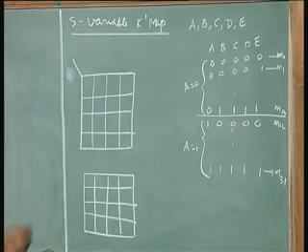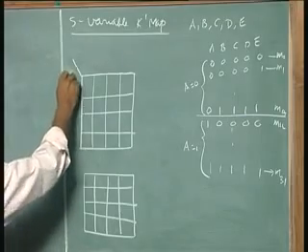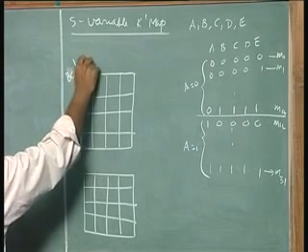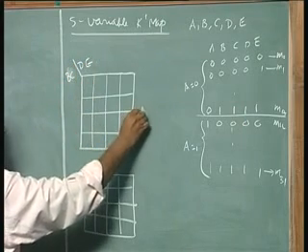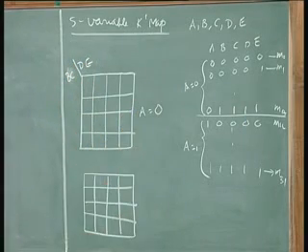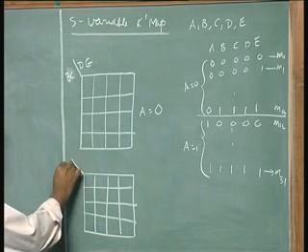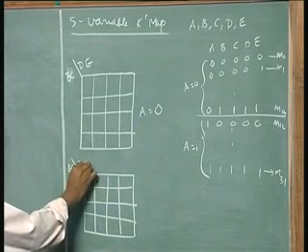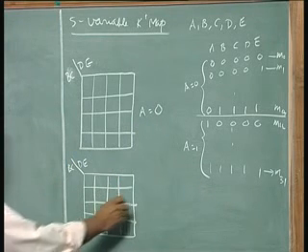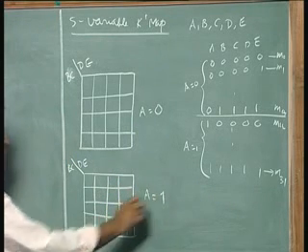So I will draw this map with variables B, C, D, E, always remembering A is equal to 0 in this map. Likewise, I will do B, C, D, E one more time, always remembering A is equal to 1 in this map.